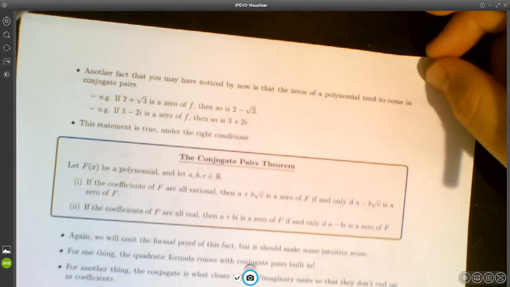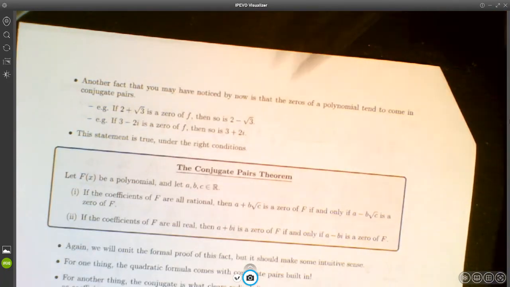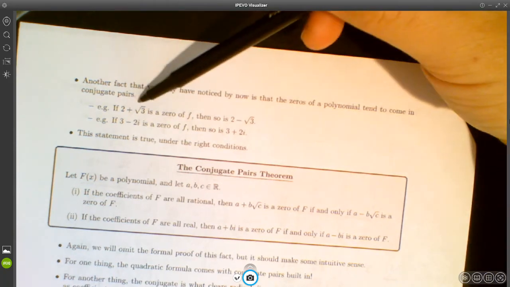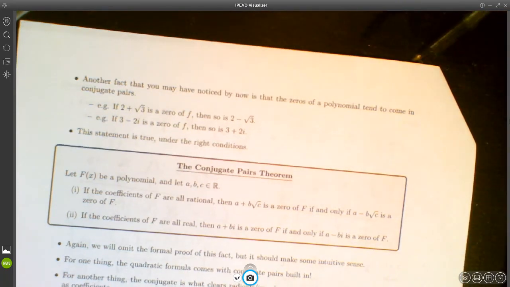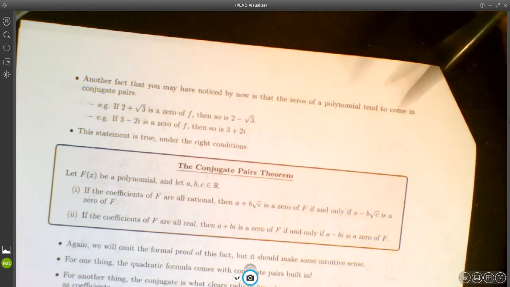Another thing that you may have noticed by now is that the zeros of a polynomial tend to come in conjugate pairs. So if 2 plus root 3 is a 0 of f, then so is 2 minus root 3. Or if 3 minus 2i is a 0 of f, then so is 3 plus 2i.